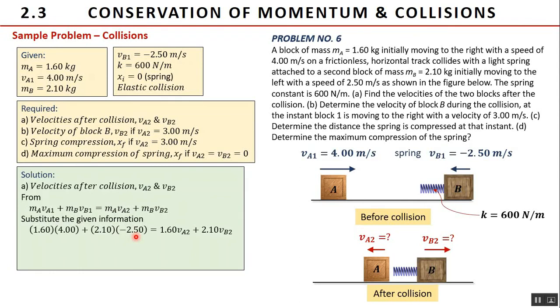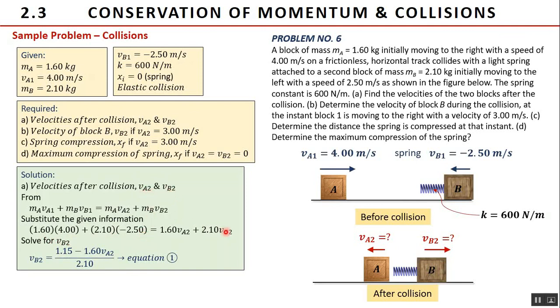Then, for the right side of the equation, again, mass of A is 1.6. We do not know yet vA2, so we just rewrite it for a while, then we add mB, 2.10, and finally, we rewrite again vB2 because it is still unknown as of this moment. We further simplify. If we evaluate this, the total momentum of the system before collision is 1.15 kg·m/s. Remember, we have two unknown quantities here, vA2 and vB2.